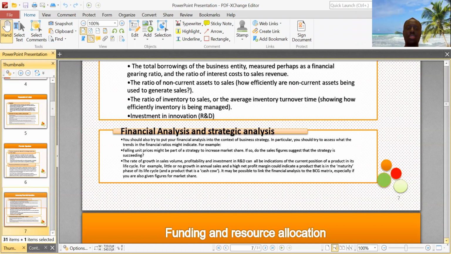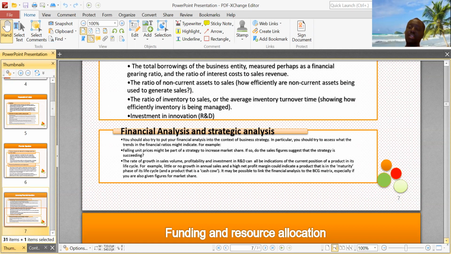The rate of growth in sales volume, profitability, and investment in R&D can all be indications of the current position of a product in its life cycle. For example, little or no growth in annual sales and high net profit margin could indicate that a product is in the maturity phase of its life cycle.